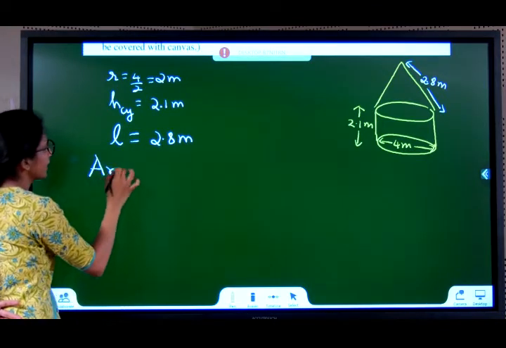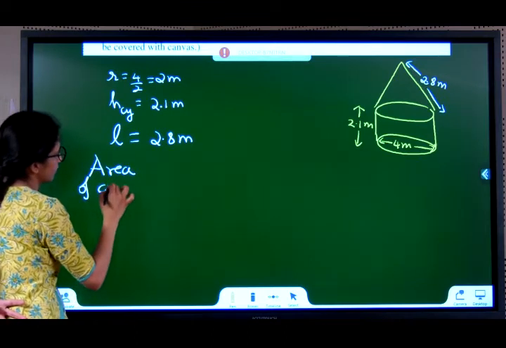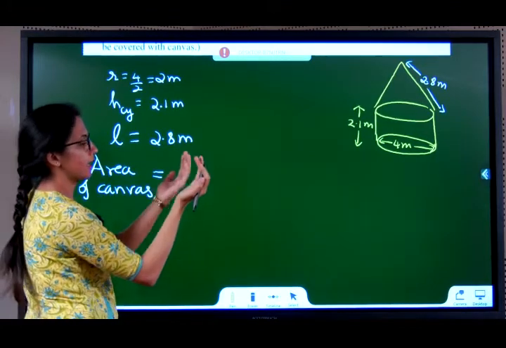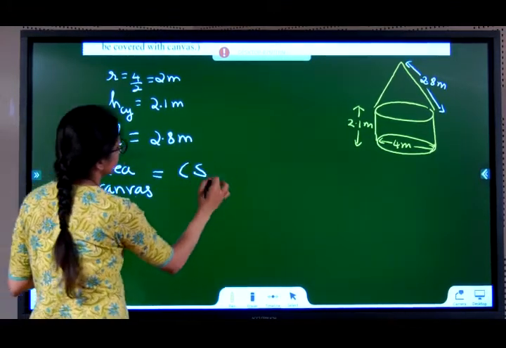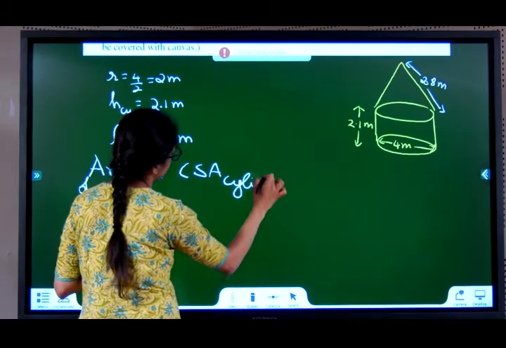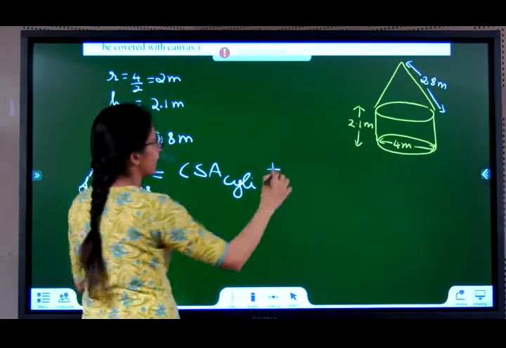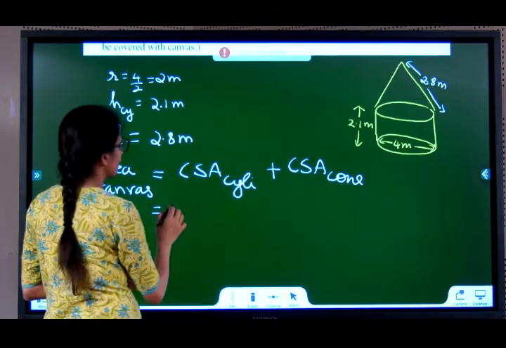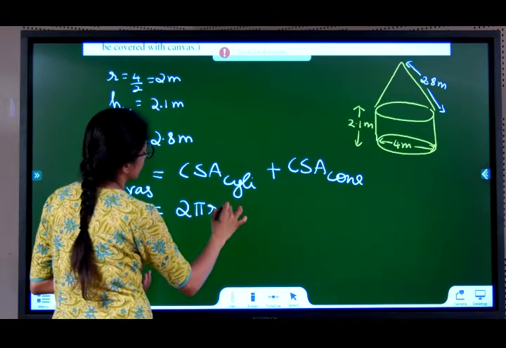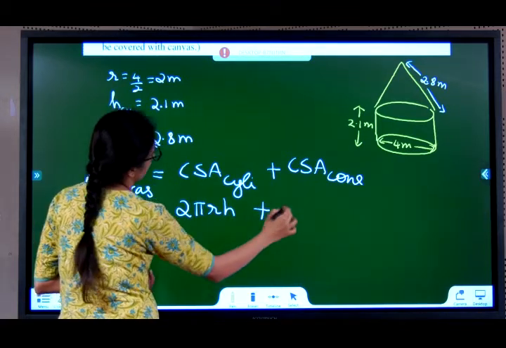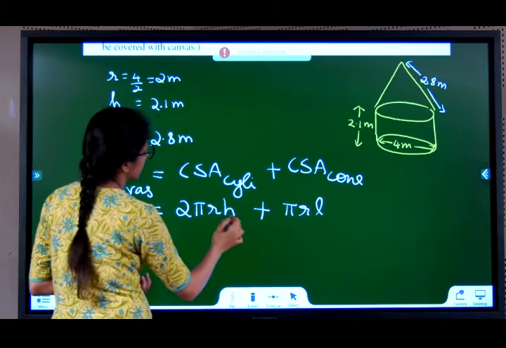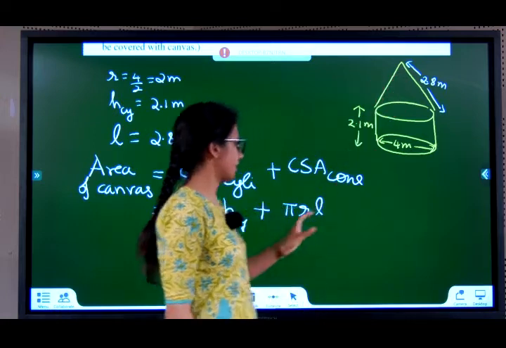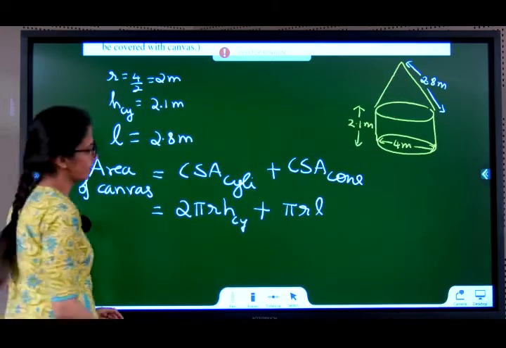Now area of canvas will be CSA of cylinder plus CSA of cone. CSA of cylinder 2 pi RH, CSA of cone pi RL. Both the R's are same. This H is of cylinder. We don't need H of cone, which is why I have not found the value of H of cone here.